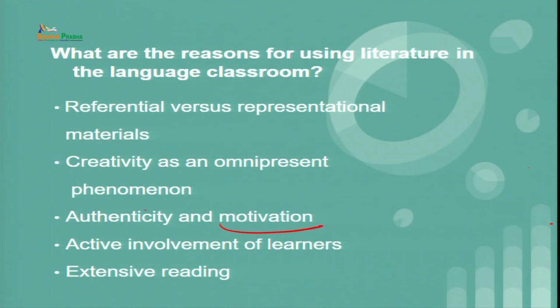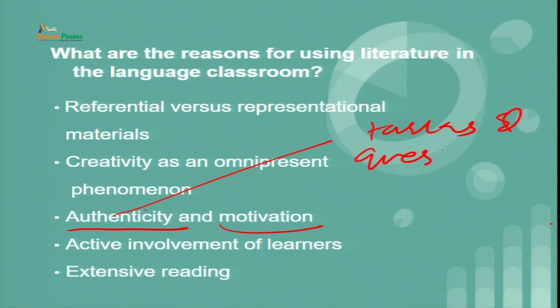So let us try to understand the role of authenticity and motivation in the language classroom, and how literature brings these two components into practice. First, let us look at the word authenticity. Authentic literary texts that are accompanied by tasks and questions resemble real life approaches.